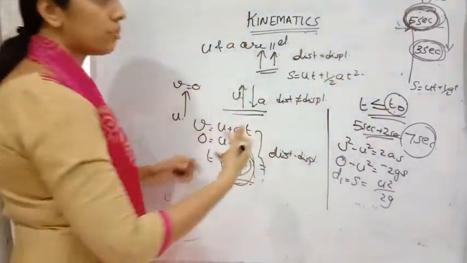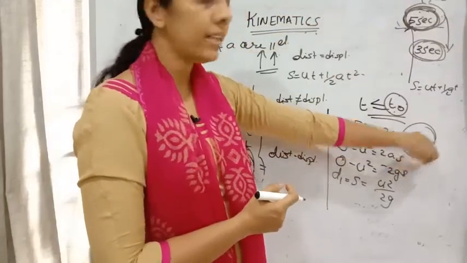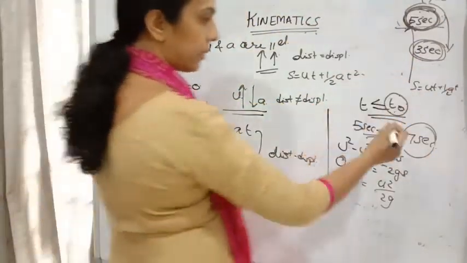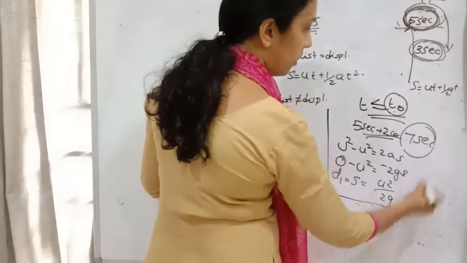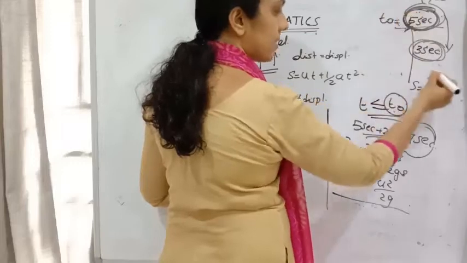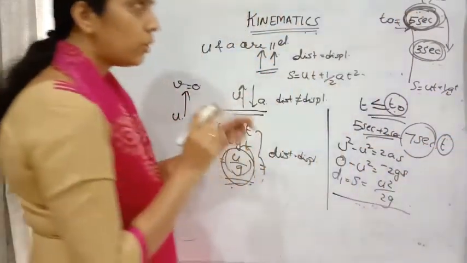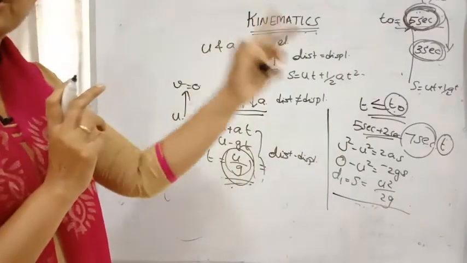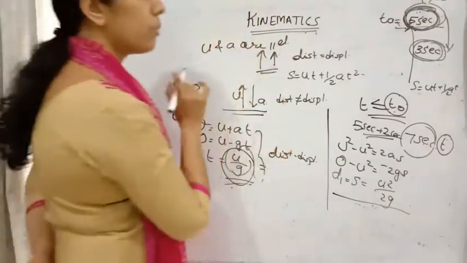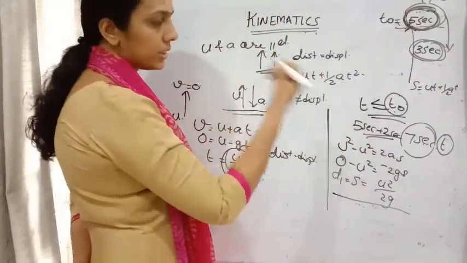Then next we need to find out from this position the 2 more seconds it is covering, right? So what will be the time required? This 5 seconds I am considering as t0 and 7 seconds I am considering as t. So I need to find the time t minus t0. What is the distance covered during the time interval t minus t0?